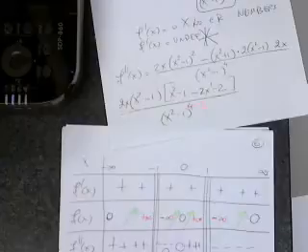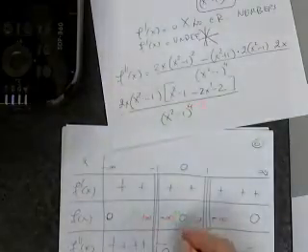However, 0, 0 is, when the second derivative changes sign, it's an inflection point. So this is an inflection point. Good. So now I'm ready to graph.